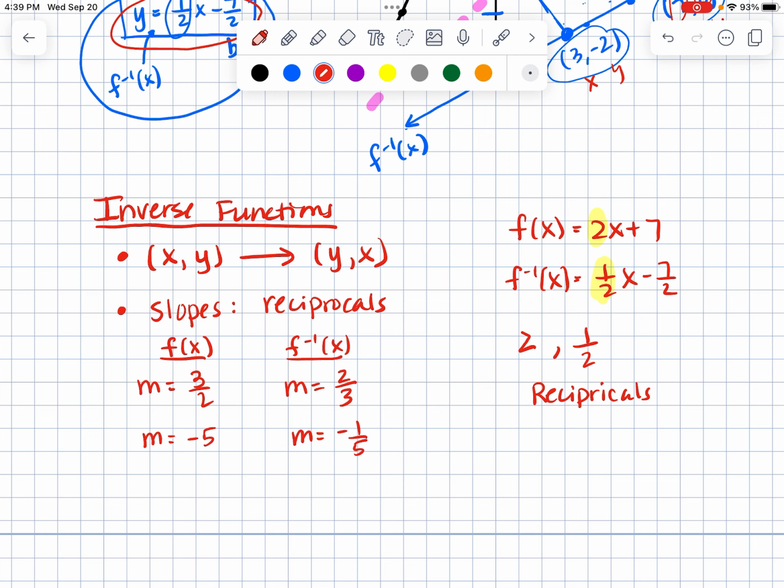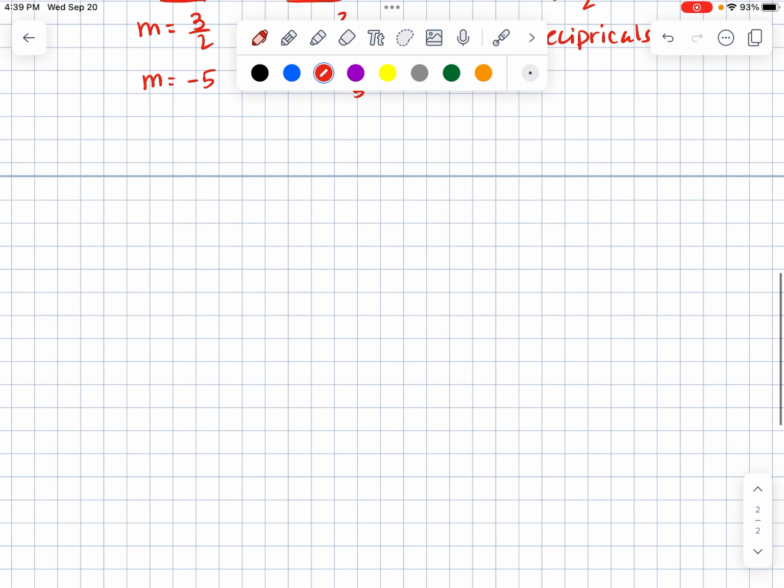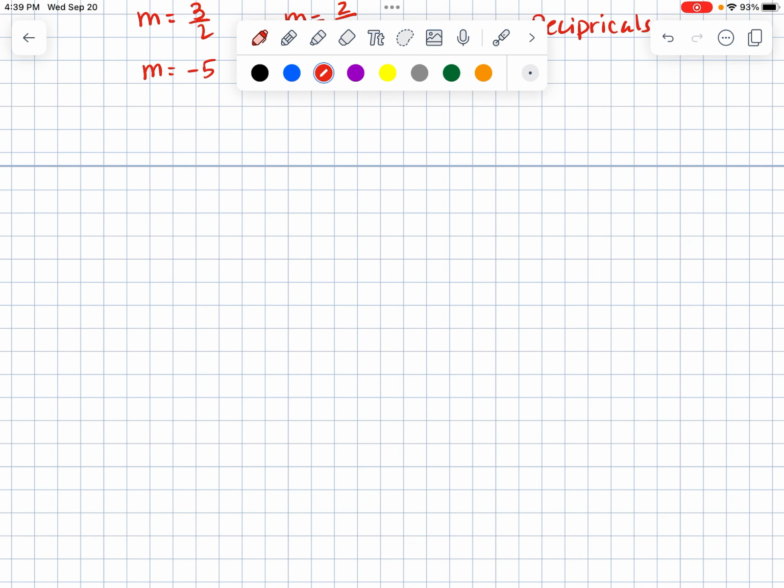Now, how do you do problems in calculus based off of inverse functions? It sounds really weird, but the way that you do inverse functions is you set up this cute little template, okay? Whenever you see the word inverse, or you see f to the negative 1 of x like that, always set this up.